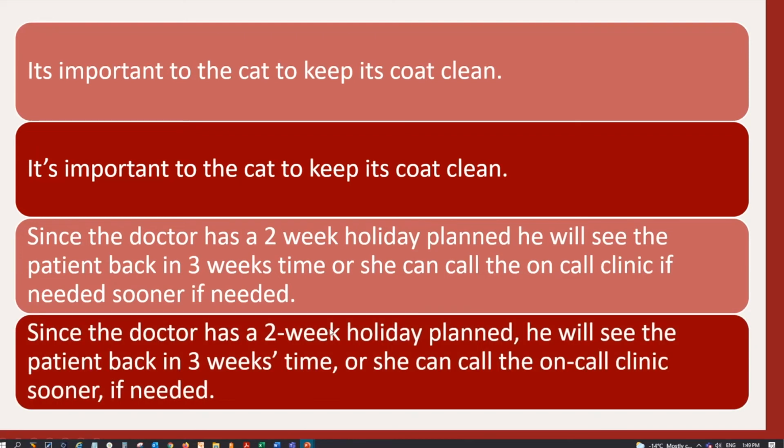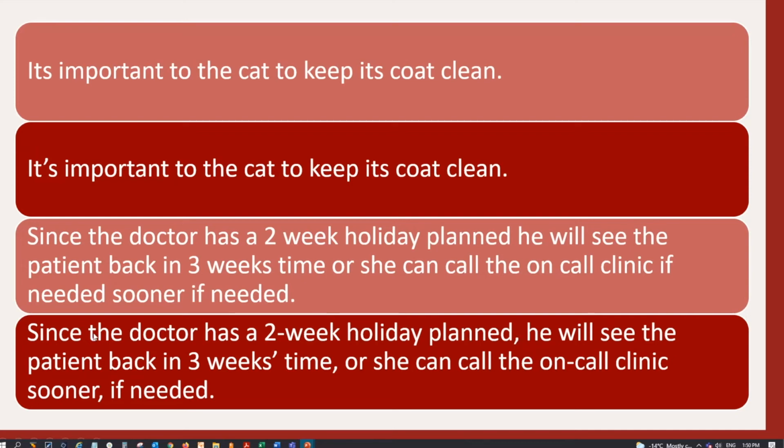Okay. Well then, if we had to punctuate this, since the doctor has a 2-week holiday, in this case, 2-week is acting as a compound modifier. It's modifying holiday. So we're going to hyphenate 2-week holiday. So since the doctor has a 2-week holiday planned, he will see the patient back in 3 weeks' time. So let's talk about this for a second.